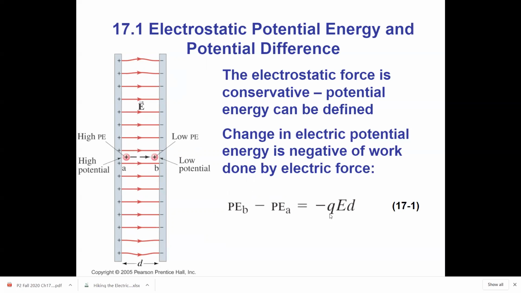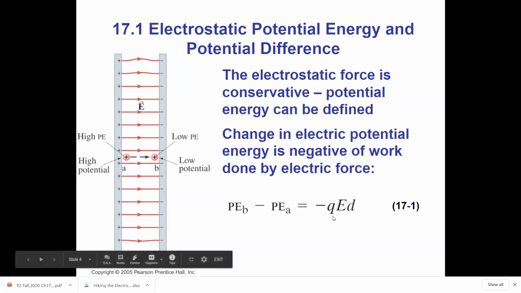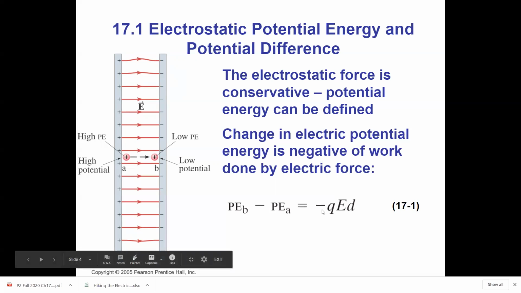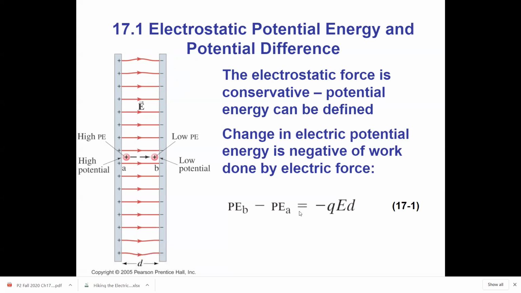So back in the day when we were doing Physics 1, we recognized work as being force times distance. But if the field is doing the work and it's taking potential energy away, then that's going to be a negative number. So in terms of the potential energy, that energy is not going to be accessible anymore. It's gone. It's been turned into kinetic energy. So the loss of potential energy is related to the work done.